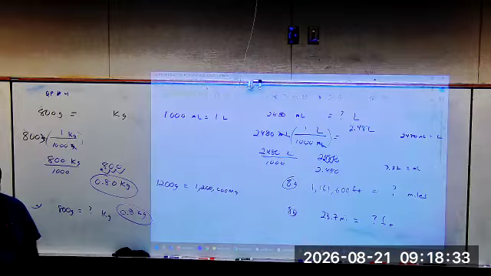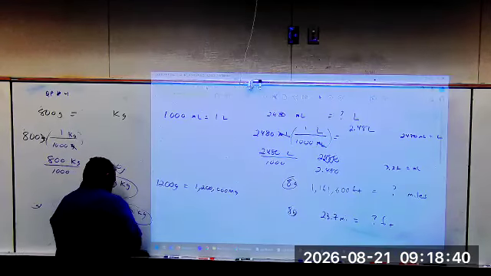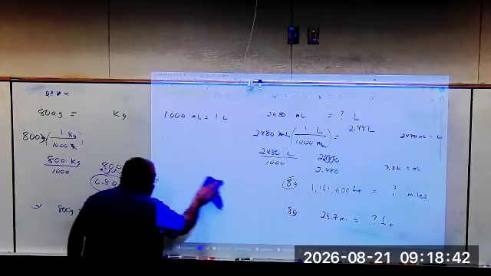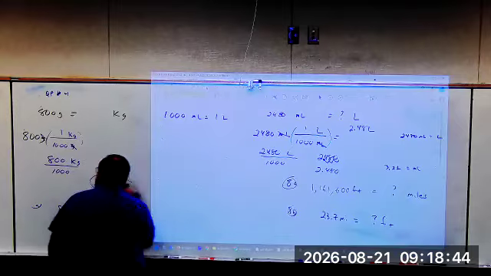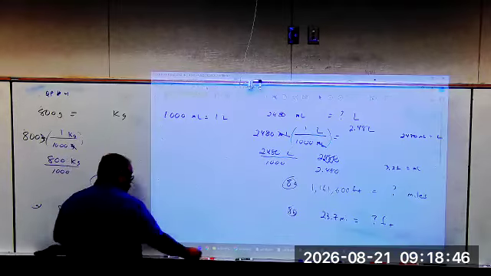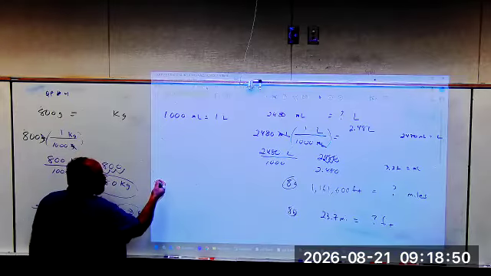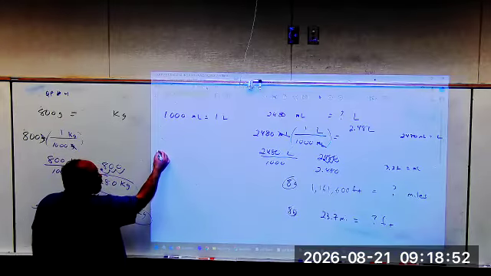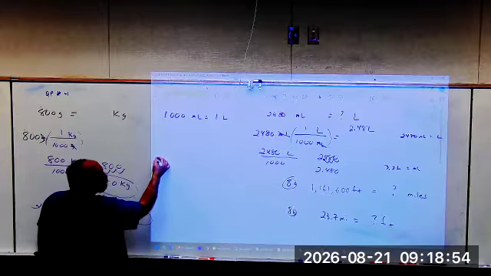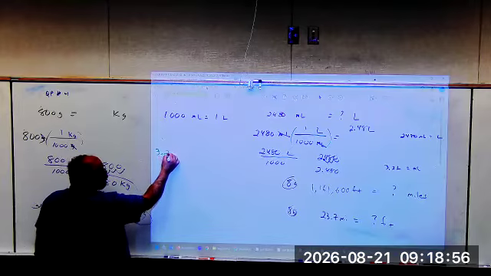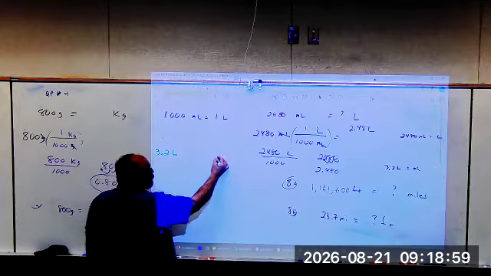Dimensional analysis just gives you the pathway to go from one unit to another. And we start with 3.2 liters. And we want milliliters.